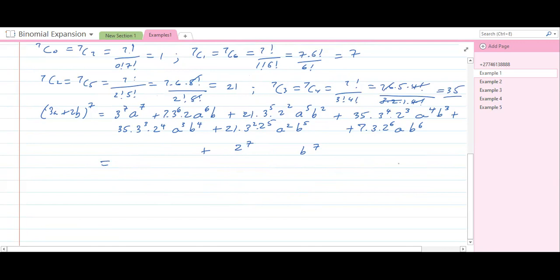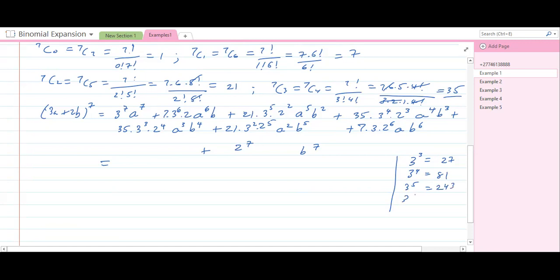Let's see what we have here. 3 to the power 3, which is 27. 3 to the power 4, which is 81. Let me take 81 times 3. 3 to the power 5 is 81 times 3, we got 243.